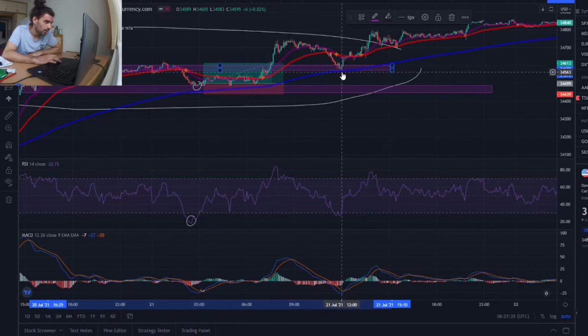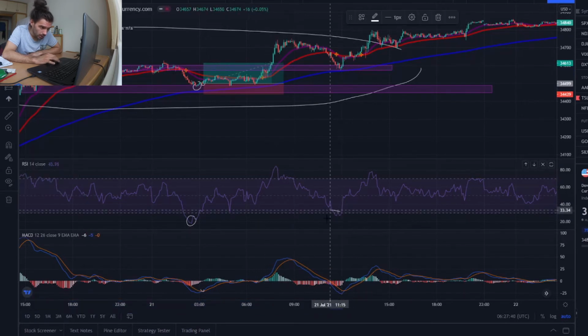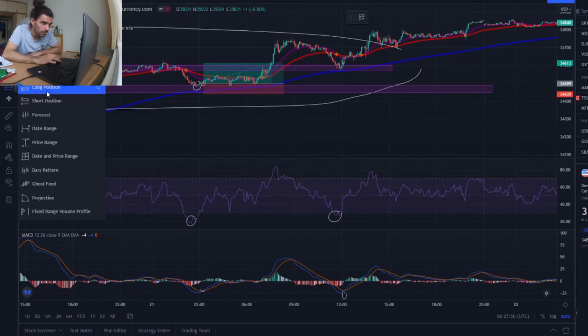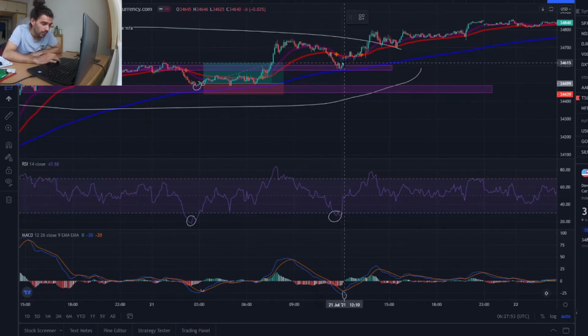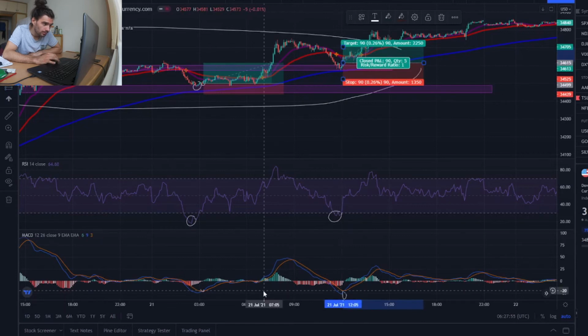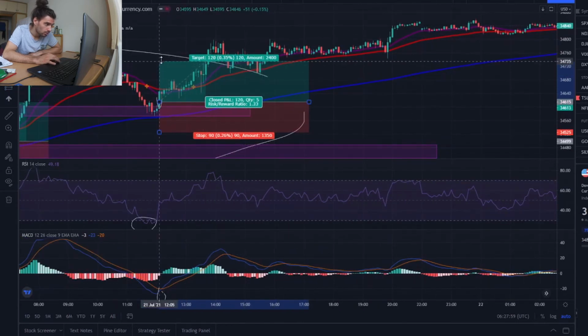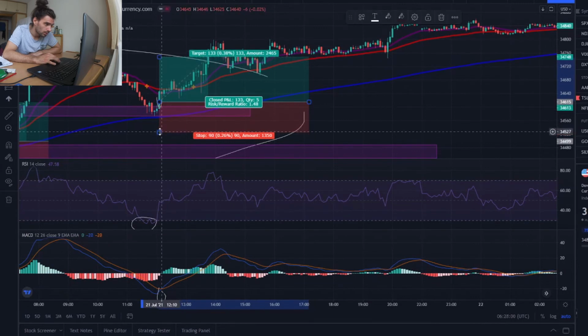The RSI again was pretty low here, and we had here the bullish cross, so this here would be your entry. And again we target the same strategy, long position here somewhere, and you want to go for a 1 to 2 risk reward ratio, so this would be somewhere around here.